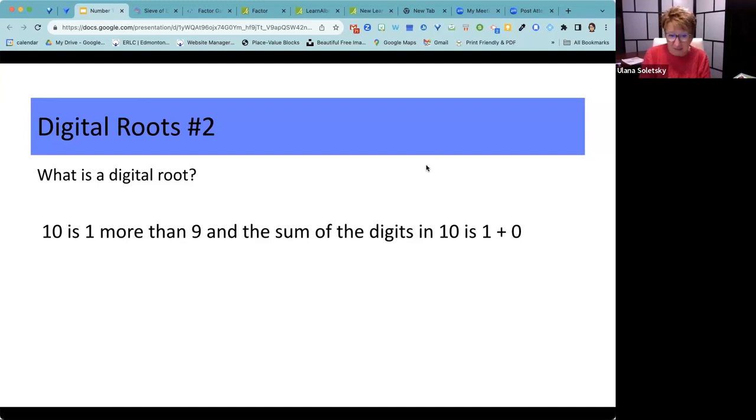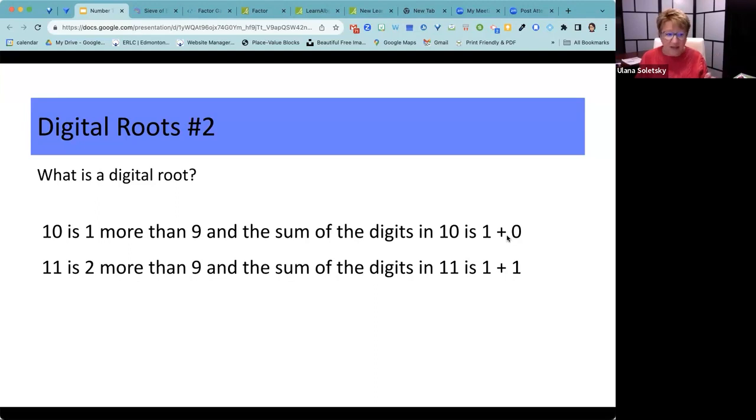So for example, 10 is 1 more than 9, and the sum of the digits is 1 plus 0. So the digital root of 10 is 1.